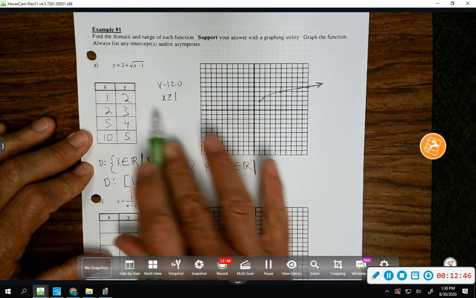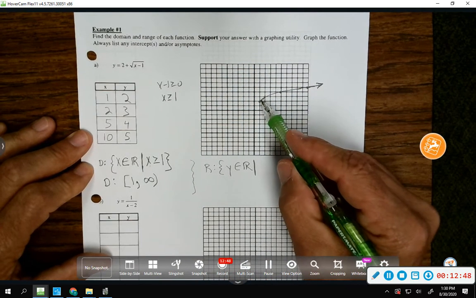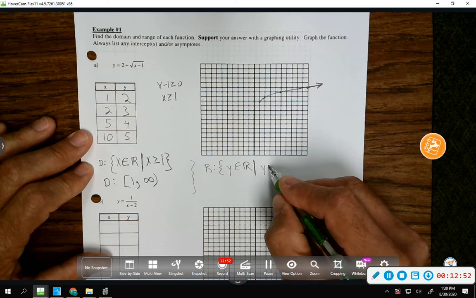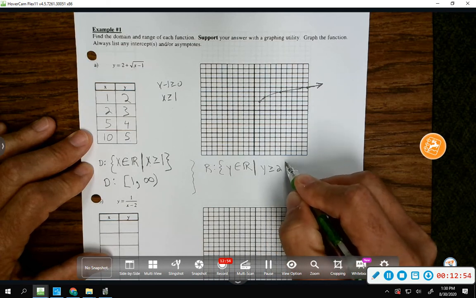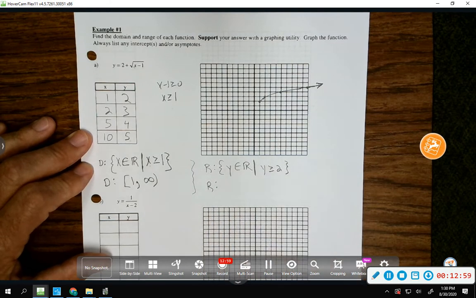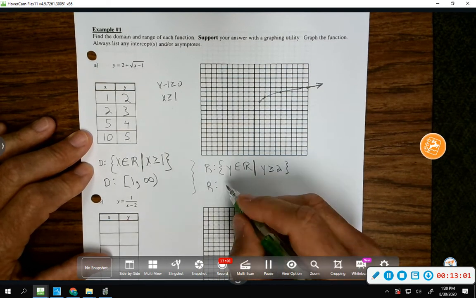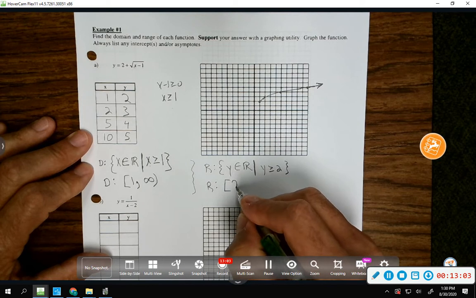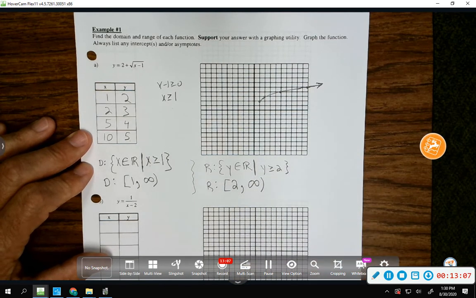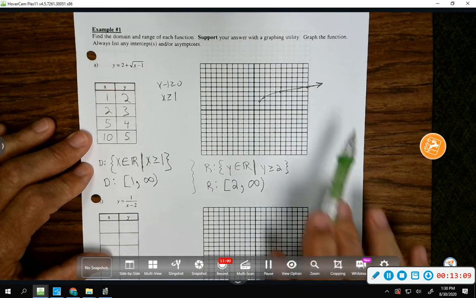But in this one, we really have to look at this and see, oh yeah, this starts at this endpoint and goes up, so Y is greater than or equal to 2. Therefore, in interval notation, the smallest possible value is 2, but it can go to infinity. There it is.